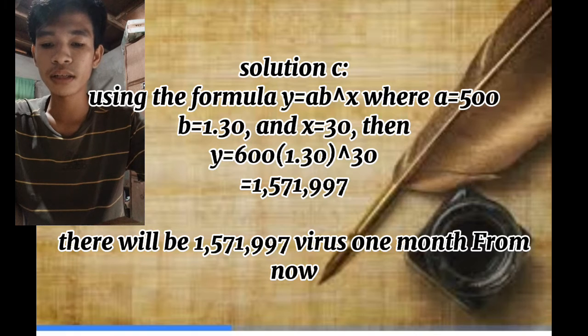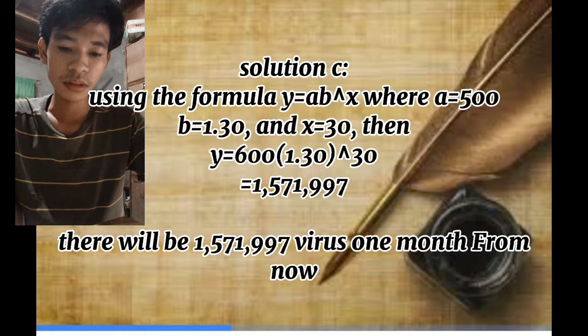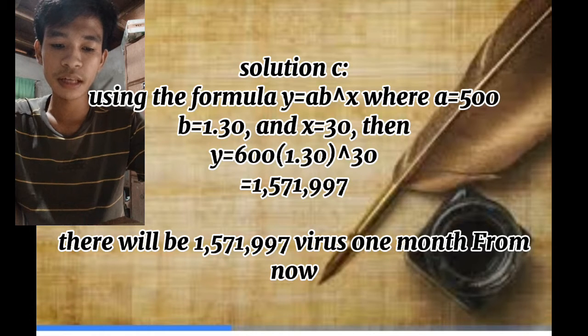So, let's do this first, guys: 1.30 raised to 30 times 600. So, we have 1,571,697. So, there will be 1,571,697 viruses 1 month from now.